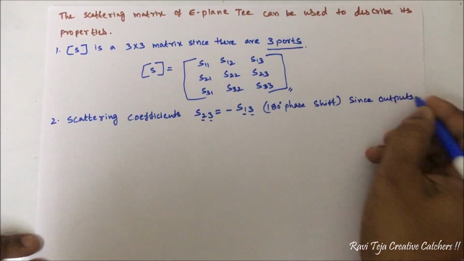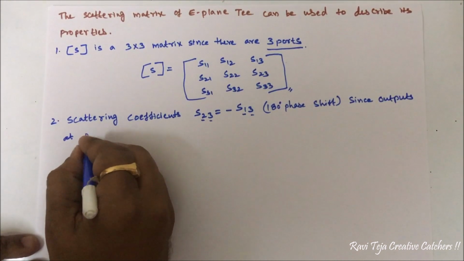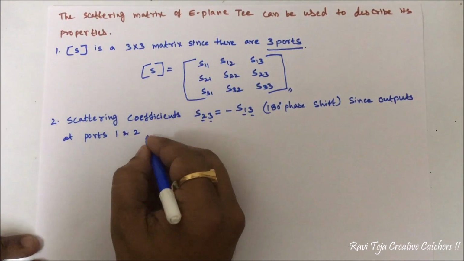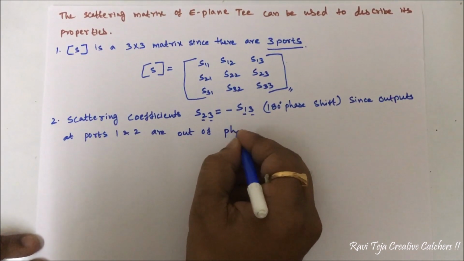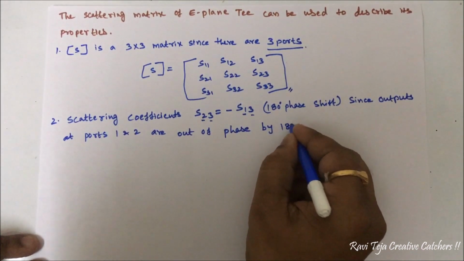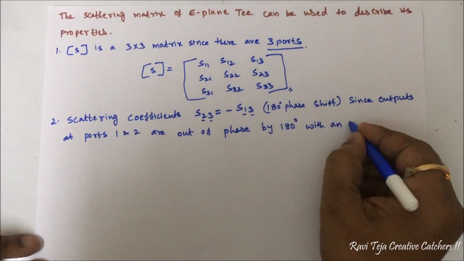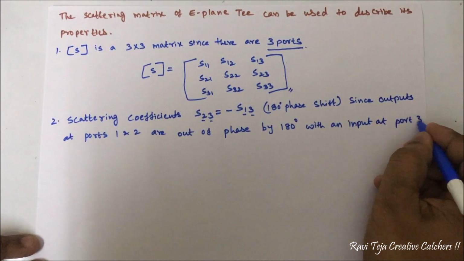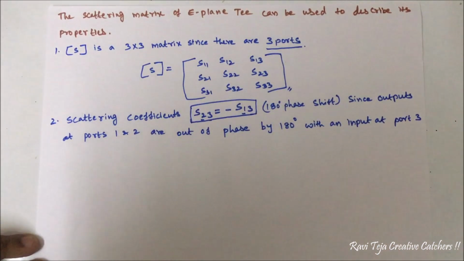Since the outputs at port 1 and 2 are out of phase by 180 degrees with an input at port 3, we need to consider this. As they are out of phase, we are considering it as negative.